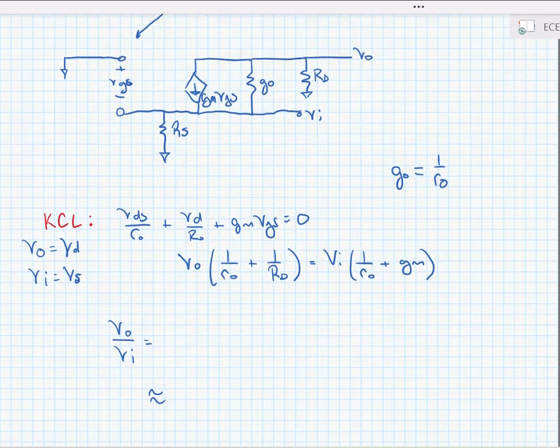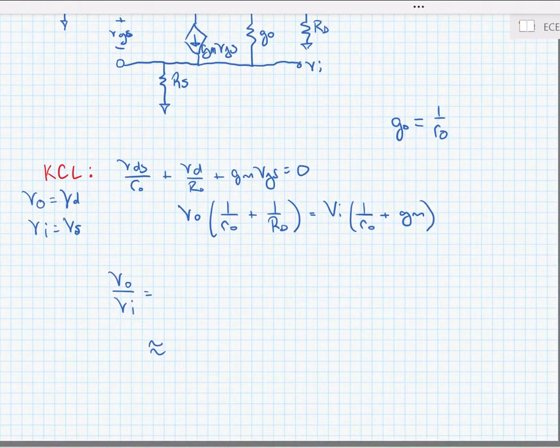So with a little bit more algebraic manipulation, you can show that V out over Vin is equal to 1 plus gm RO times RD divided by RO plus RD.